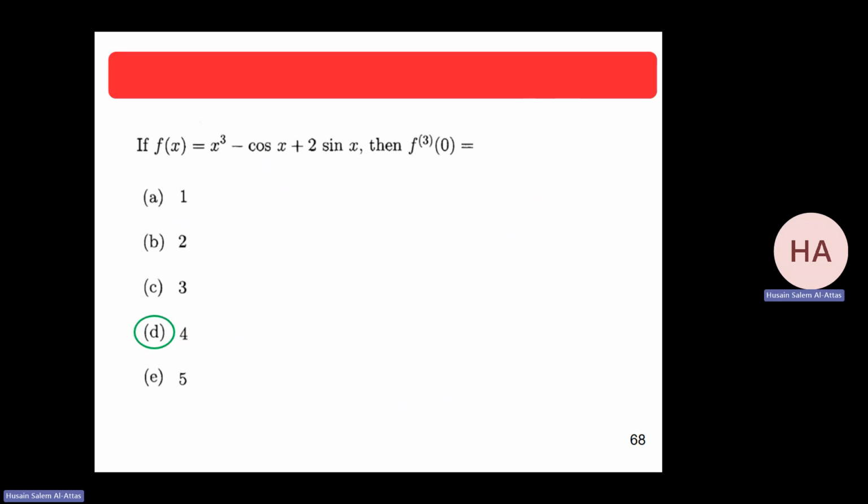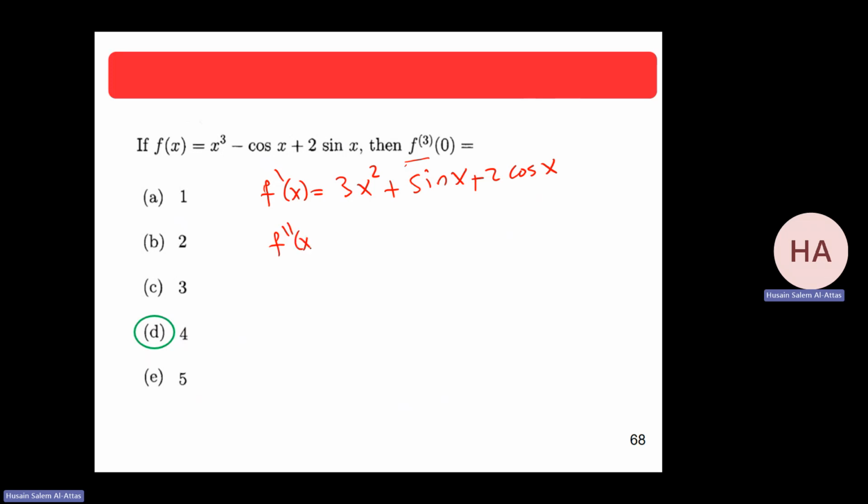Let me do now all the exam questions quickly. He wants the third derivative, where I can't do it in calculation. F prime would be 3x squared sine x plus 2 cosine x. Yeah, 3x squared cosine, yeah, plus 2 cosine x.